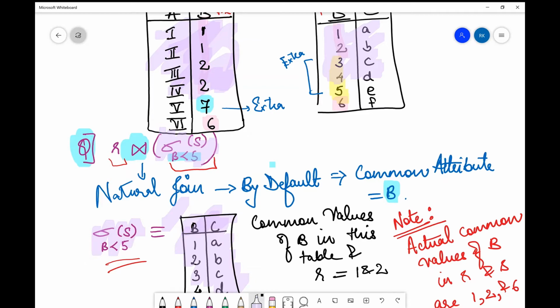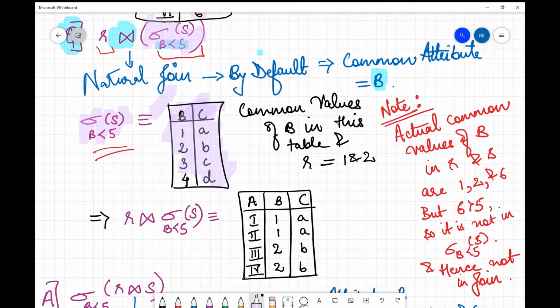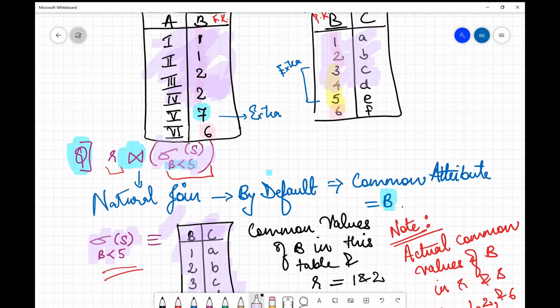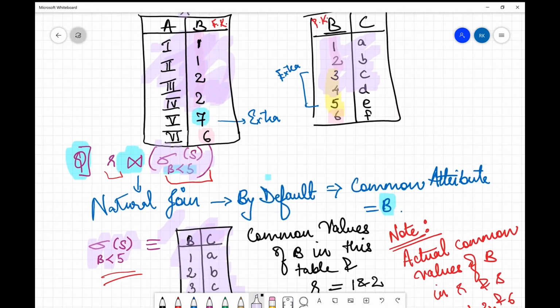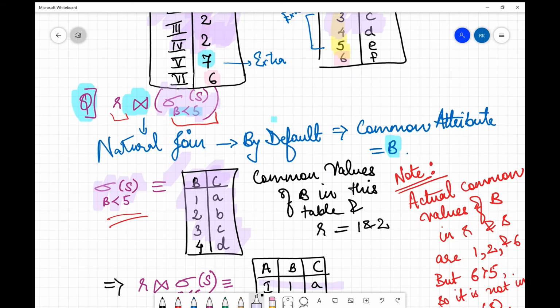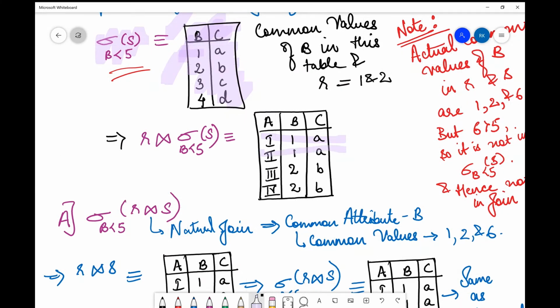So that was 1 and a. Therefore this became 1, 1 and a. Similarly, I pick the next record 2, 1 over here, and I join it again with the record having value 1 for B. So it became 2, 1, a. Similarly, you generate the other values, which are 3, 2, b and 4, 2, b. So this is the end result for our question.